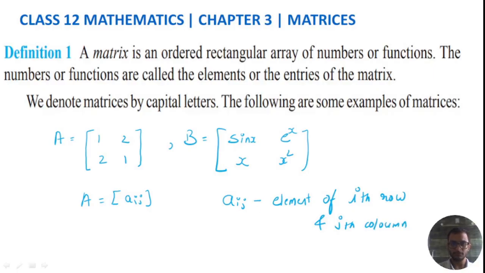So suppose you tell me what will be A11, that is first row and first column, that is this 1. This is our A11, this is our A12, then this is A21 and this is A22.